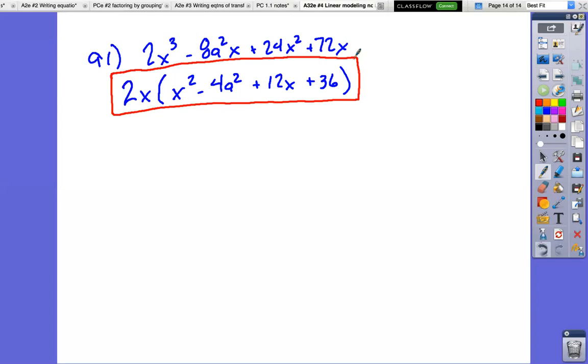Because you were able to take the 2x out? Exactly. So this is not prime. So 2x cubed minus 8a squared x, and so on and so forth, that's not prime because I was able to factor it. This quantity right here, now that's prime, but I would never just say prime because I've already factored the original problem, okay? So that's the answer and you're done.